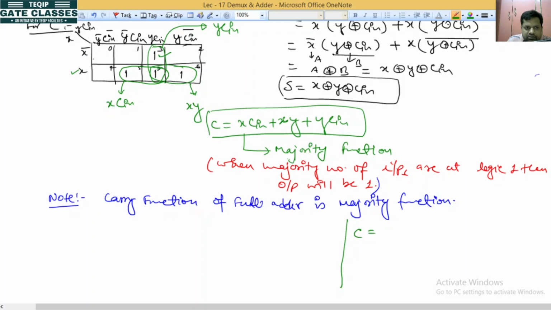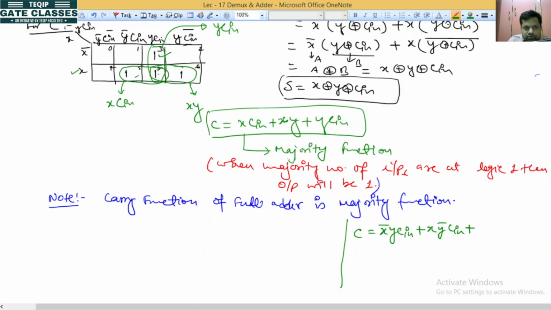So it is x bar y c in plus this one is x from this side y bar c in. So x y bar c in plus, अब डायरेक्ट मैं लिख रहा हूँ, I am not going to simplify anything.